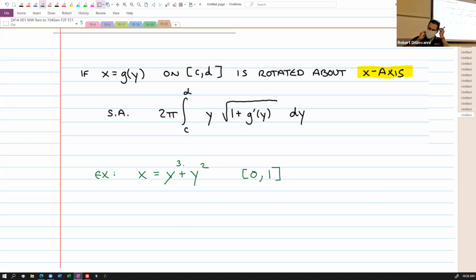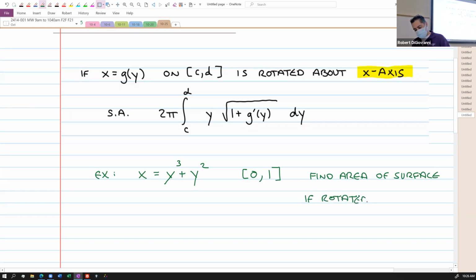And we want to find the area of surface if rotated about the x-axis. Very important that I'm telling you what axis to go around.